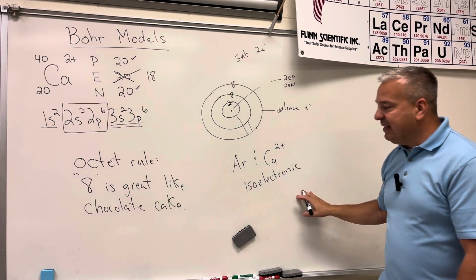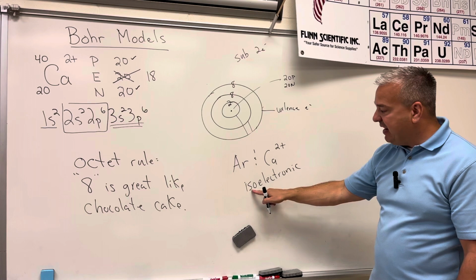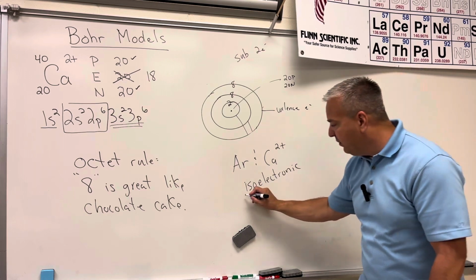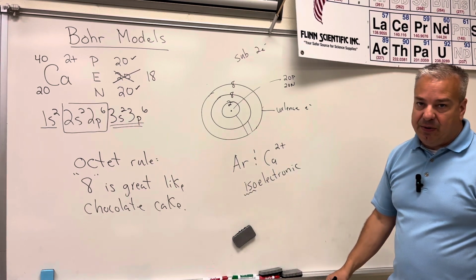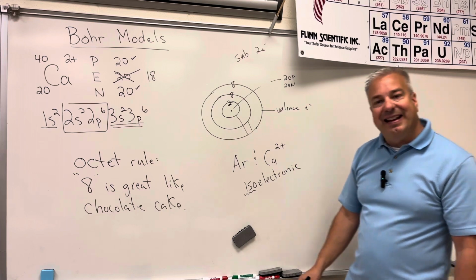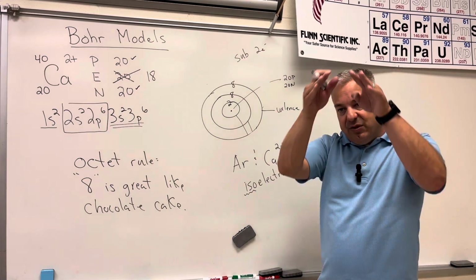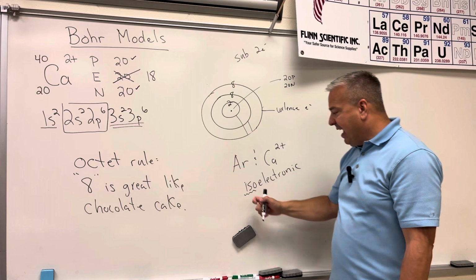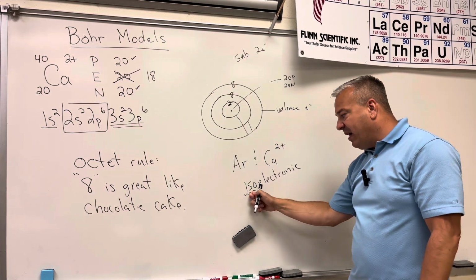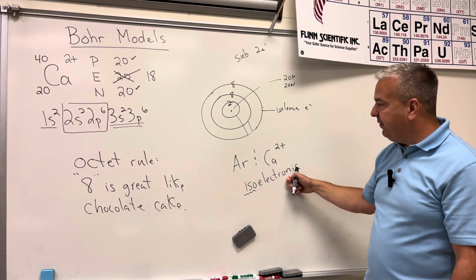And if something is isoelectronic, that means that they have the same number of electrons. So this prefix iso means the same, kind of like in an isosceles triangle, which has 2 sides that are the same. Isoelectronic means that we have the same number of electrons.